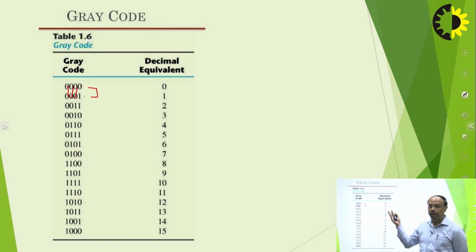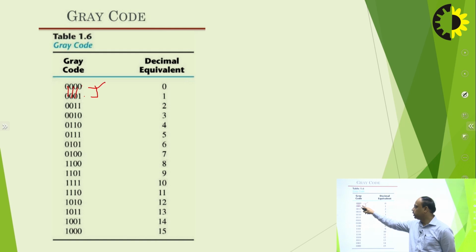In many applications, for example the moving of a shaft, its position is converted into the Gray code. It is rotated by 45 degrees, and each 45 degree rotation is represented by one Gray code. So when the shaft is moving in one direction, the only change is in one bit.